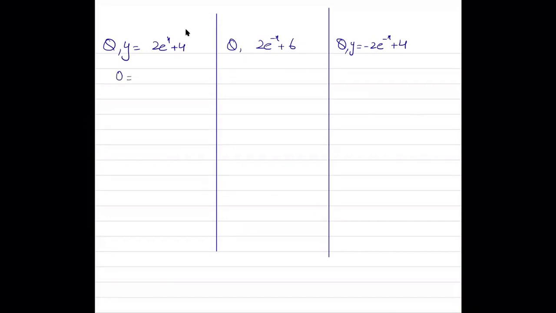So for the x-intercept, this is going to be the case. e raised to the power of x minus 4 equals 2, so e to the power of x is going to be equal to minus 2. And now that's not true, because e raised to the power of x is always going to be above 0. So no x-intercepts.